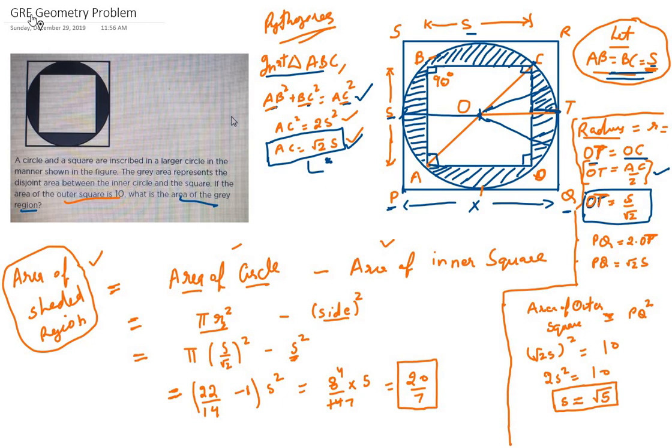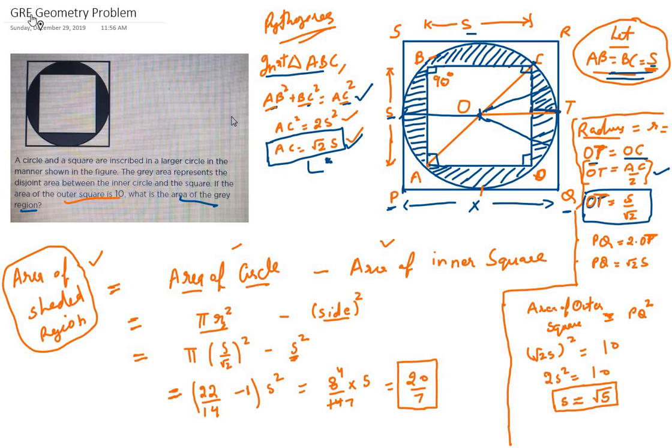So now PQ is twice the length of OT, because PQ is the side of the bigger square, and the circle is perfectly inscribed symmetrically in the bigger square. O is the center of the circle and of both the squares.